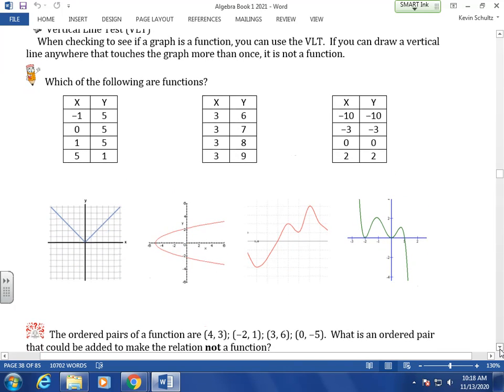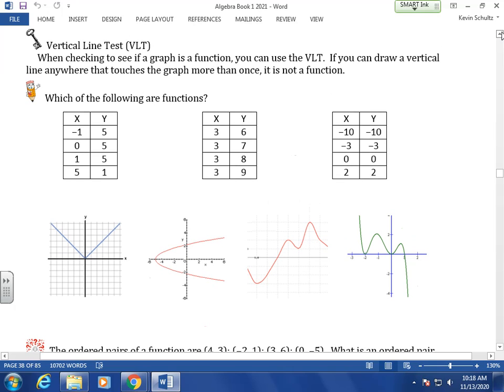And so again, folks, we're going to be looking at different examples of relations, an XY table, and then the graph. And there are different methods, depending on what you're looking at, to determine whether or not that relation is a function. Okay? In the first one here, does every x value have only one corresponding y value?